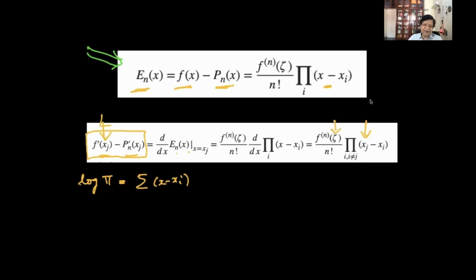Zeta I really don't know. It is somewhere between the leftmost point and the rightmost point. But other than that, I have this product and n factorial. So we need to estimate what is the maximum value and what is the minimum value.